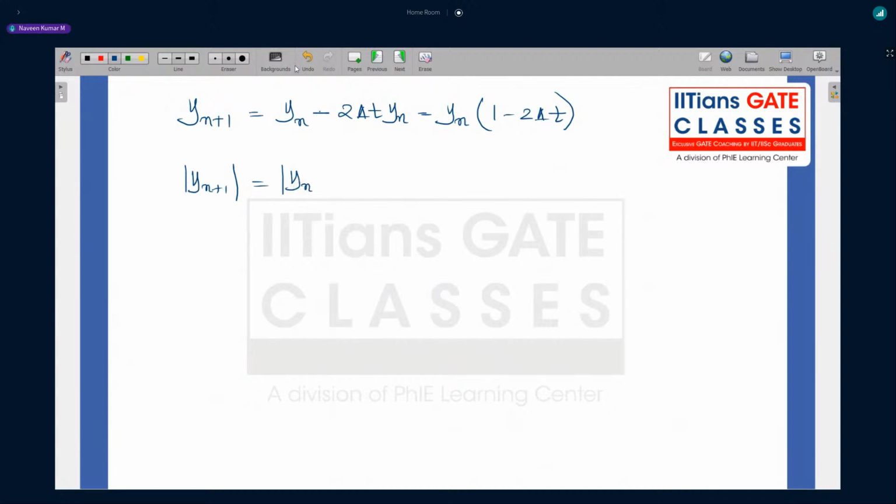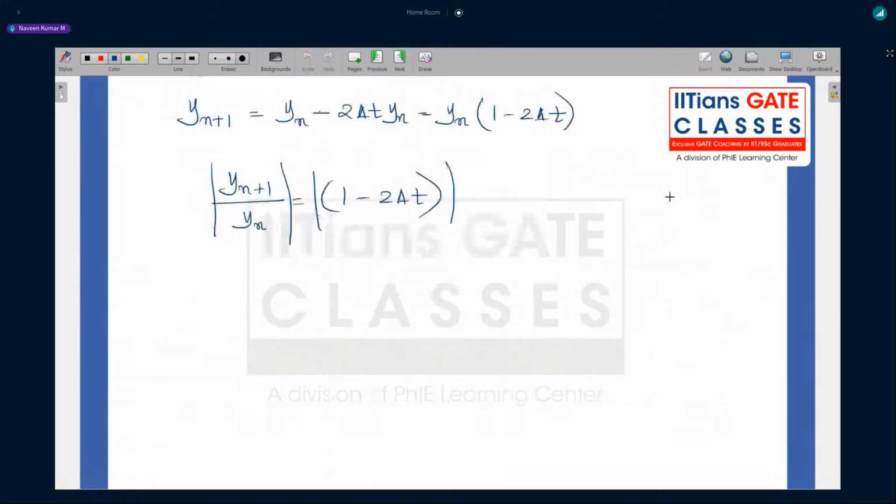Before that I'll do one thing. I'll just divide these things. So y of n plus 1 divided by yn is equal to 1 minus 2 delta t. Now I'll apply the modulus. Once I apply modulus, what is it that they are saying in this question?